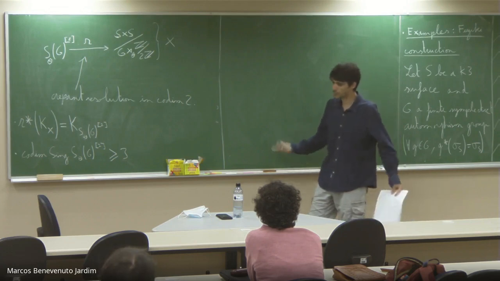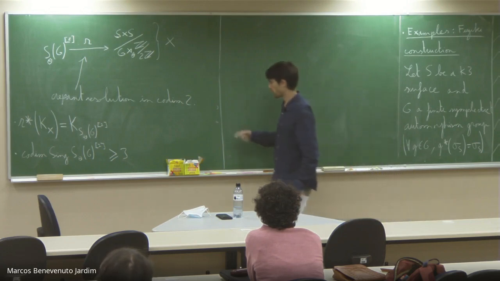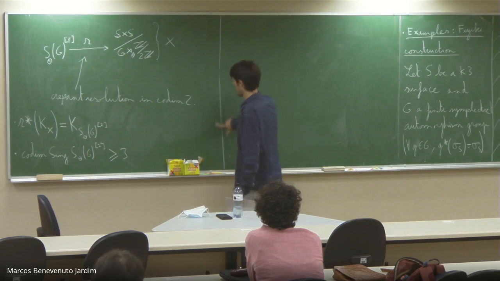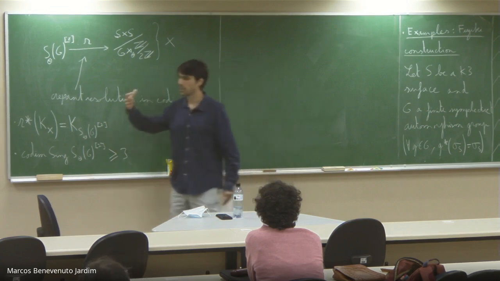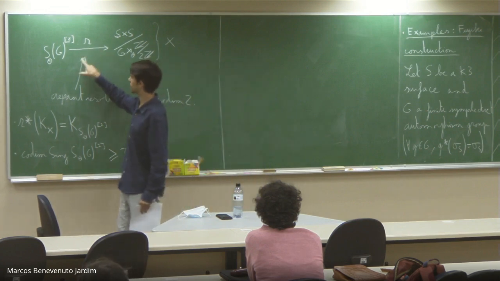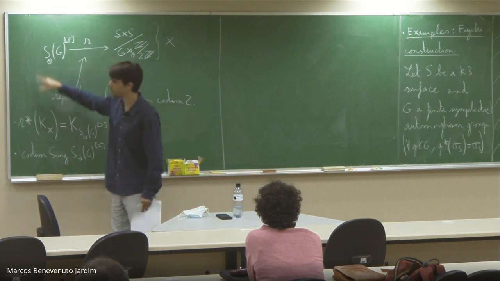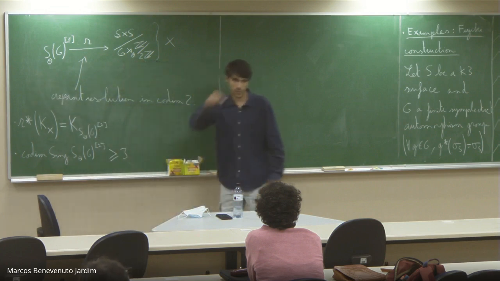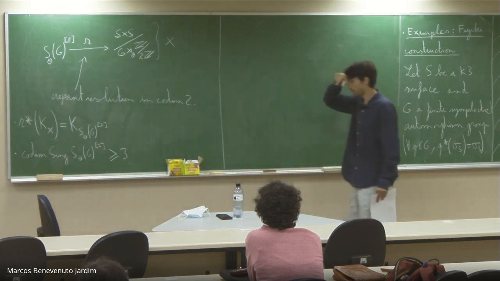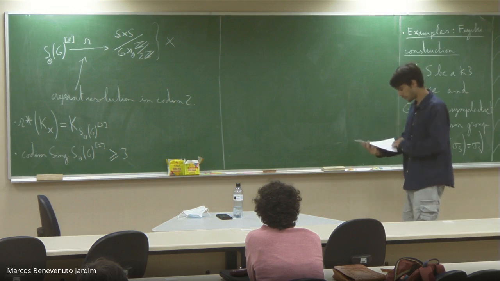It's a good choice to make because we want something terminal. This is a good thing to study because it has terminal singularities, and it's what we are looking for in the minimal model program. So this is the reason for this technical assumption.